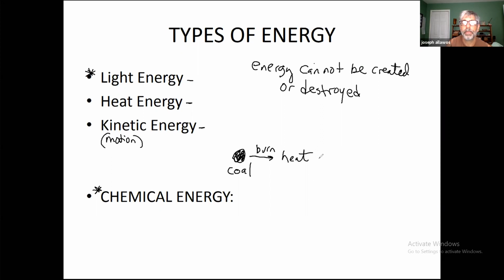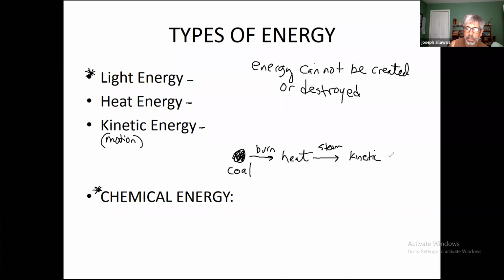Okay, so then what do we do with the heat energy? We heat water up and we generate steam, right? And the steam under pressure is kinetic energy. And then what do we do with the kinetic energy? We use that kinetic energy, that steam, to turn these big turbines, right?